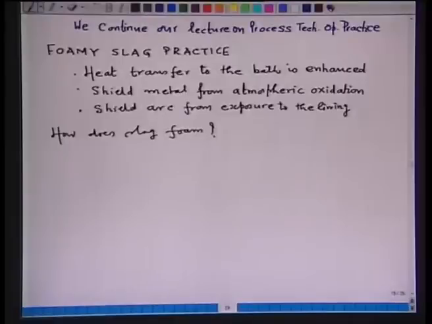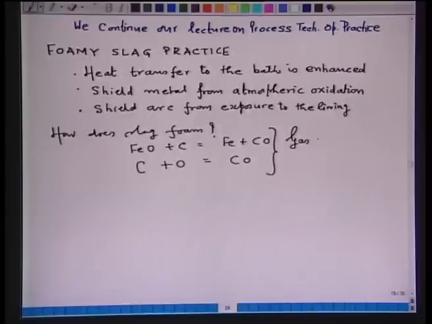So, the gas forming reaction is FeO plus C equals Fe plus CO, or C plus O equals CO. These are the gas forming reactions in carbon steel making.